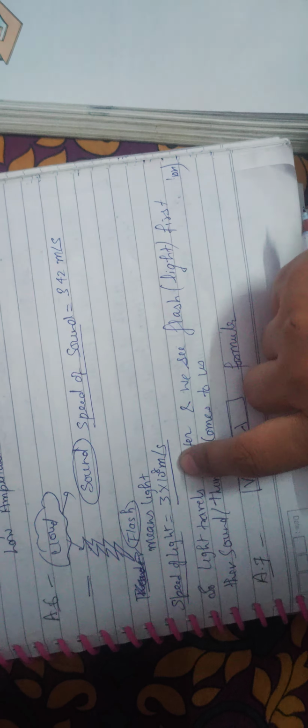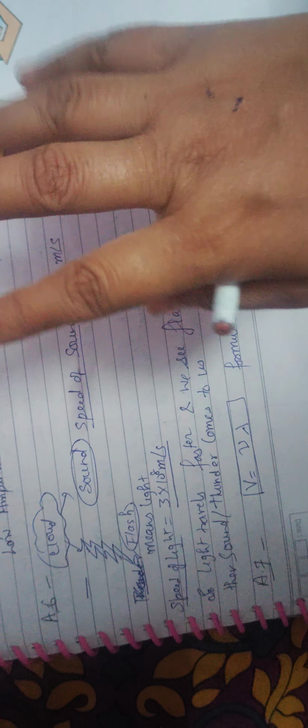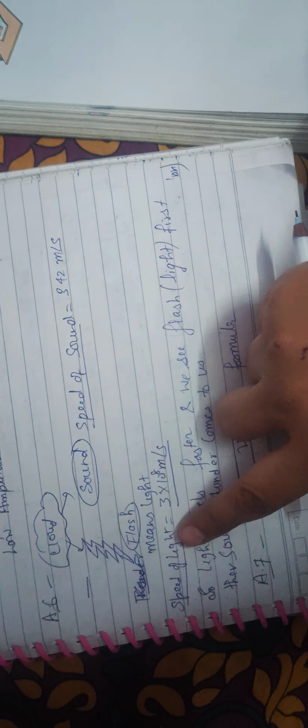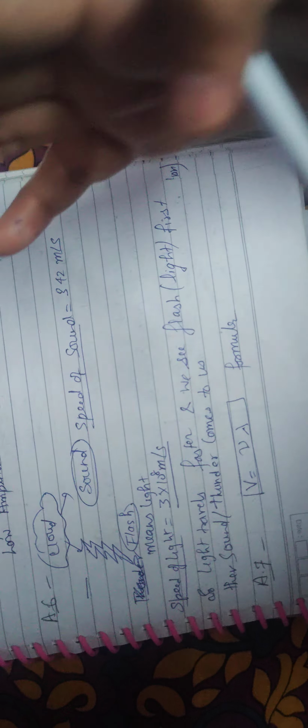The speed of light is 3 × 10^8 meter per second, but the speed of sound is 340, approximately 300 only. After the 3 you have to make 8 zeros, here only 2 zeros. So which one is higher? The speed of light, so light travels faster.